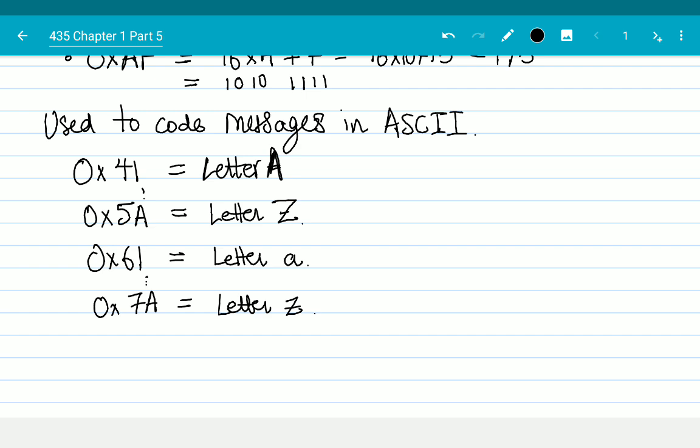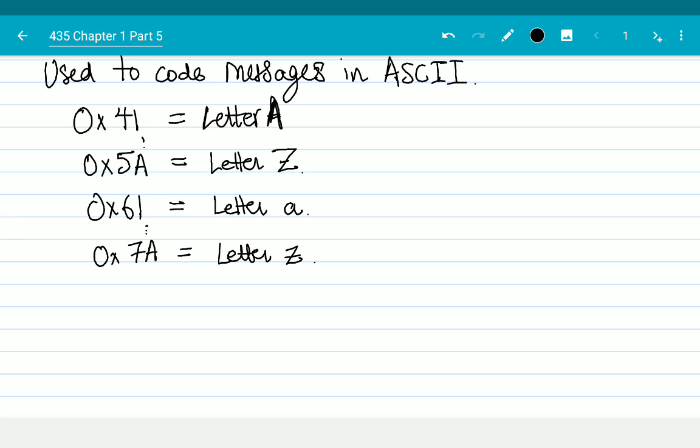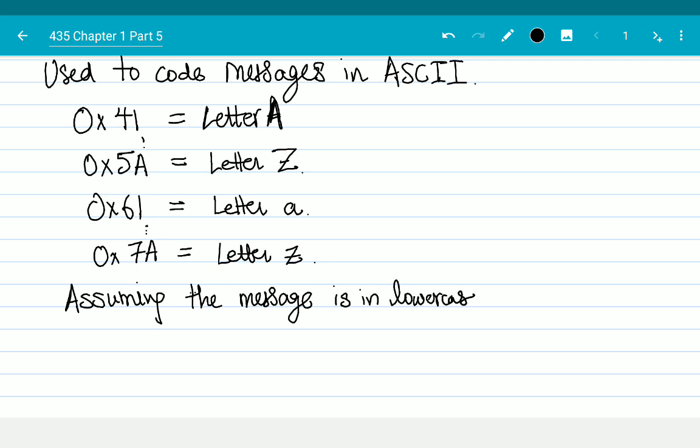Okay, so assuming I am using lowercase messages, assuming the message is in lowercase English, we first encode it into a code, okay, and we use that code.